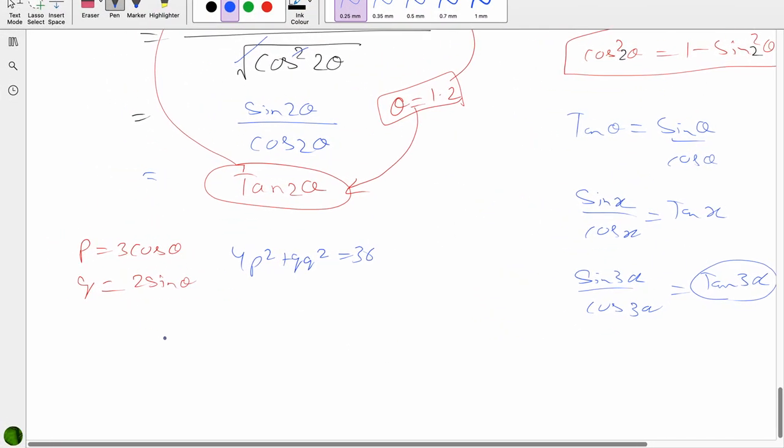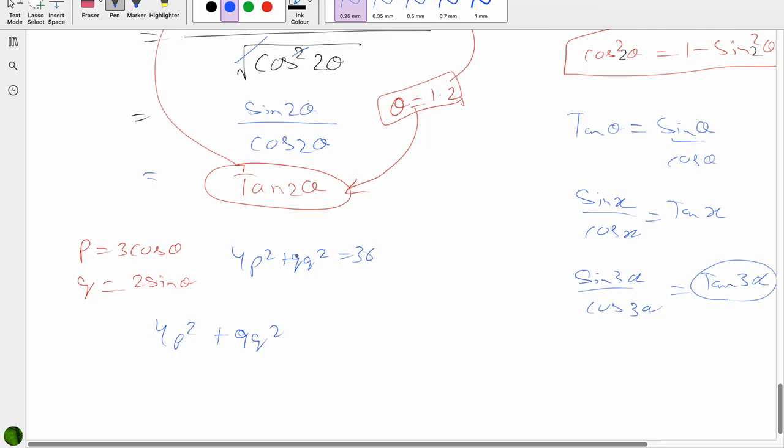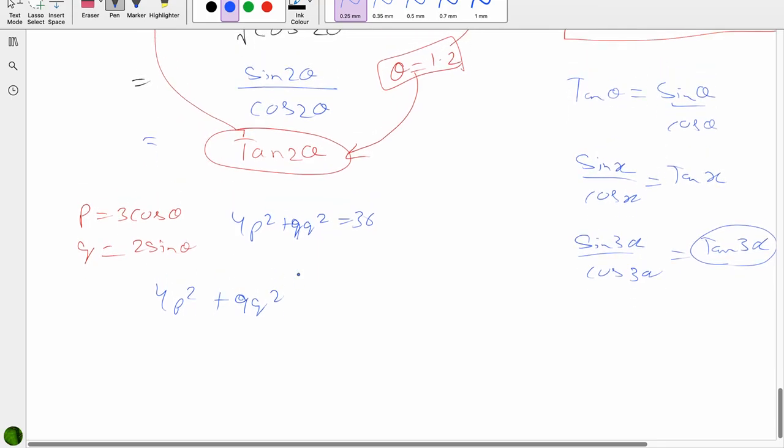So let's see, 4p squared plus 9q squared, was that 9? Yes, that was 9. Now this is the question, and we just plug in the values. So 4 times the value of P, 3 cos theta, whole squared, plus 9 times the value of Q, 2 sin theta, whole squared.